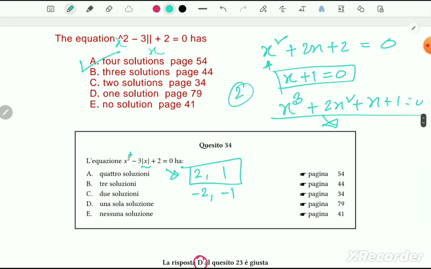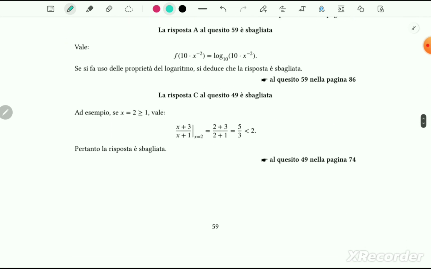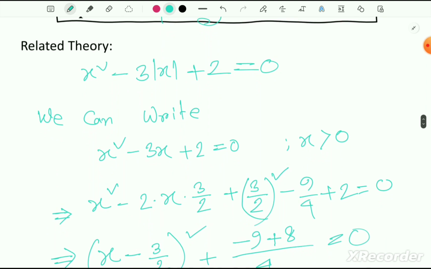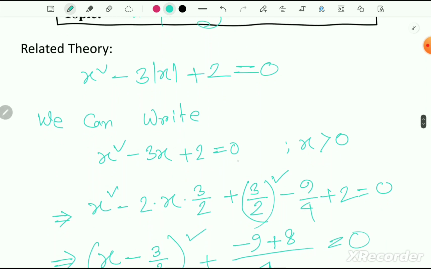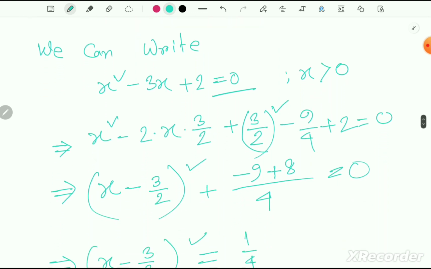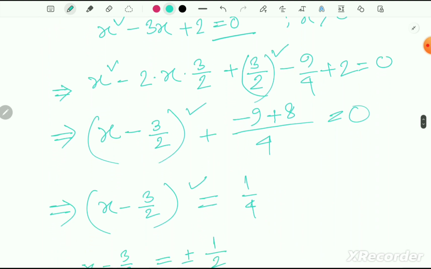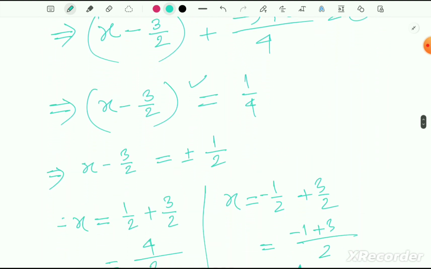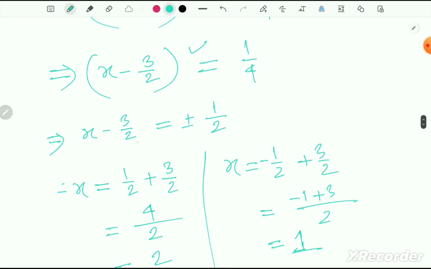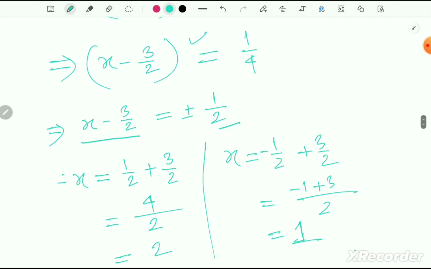So if you want to solve this problem, I solved it here. You can just take a look. We can write it this way, like if we consider x greater than 0, then we can just omit the absolute sign, then we can simply calculate it. I hope you understand the calculation. And then finally we found a value like this, x minus 3 by 2 equal to plus minus half.